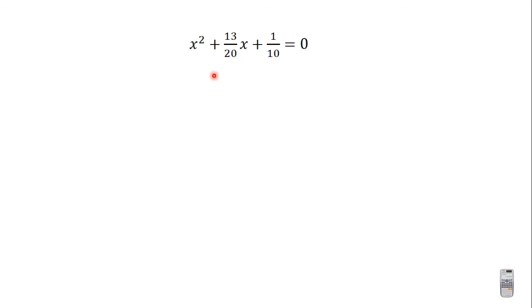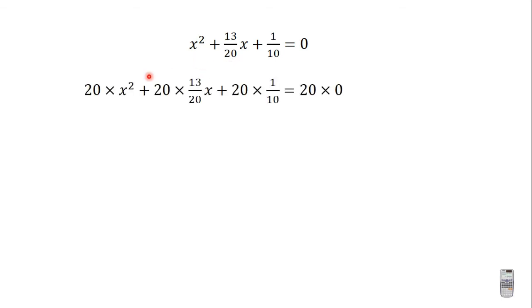We are going to multiply each term by 20. So you multiply the first term by 20: 20 times x squared. We multiply the second term by 20: we have 20 times 13 divided by 20 x, plus we multiply this term by 20: we have 20 times 1 divided by 10, is equal to, we multiply 0 by 20: we have 20 times 0. 20 times x squared will give us 20x squared.